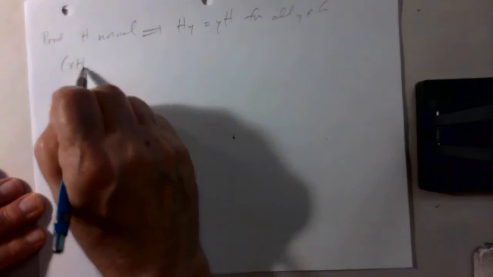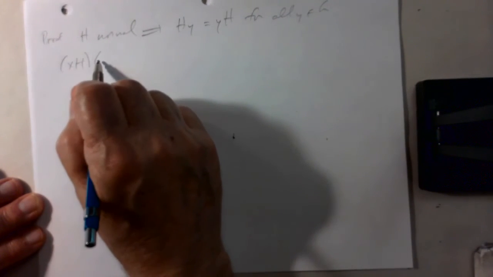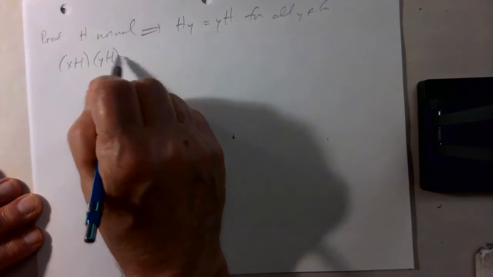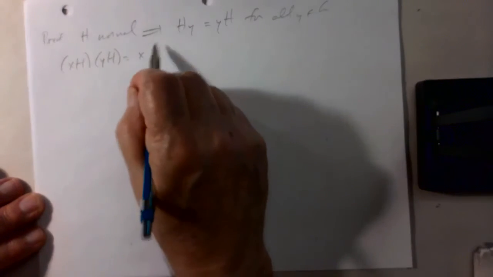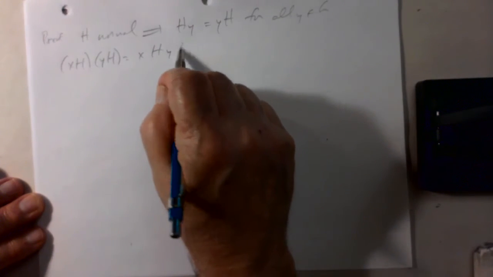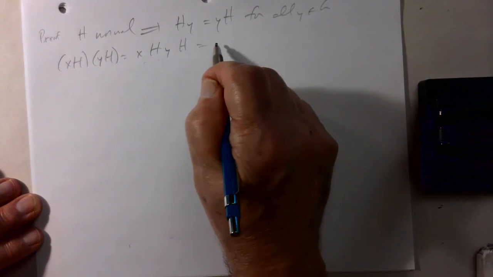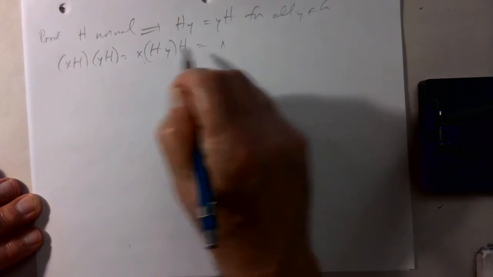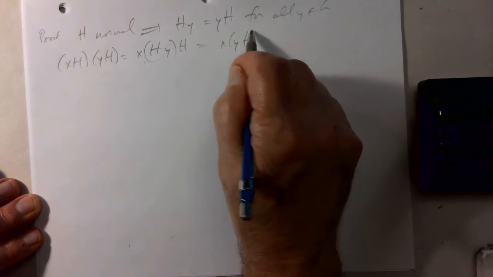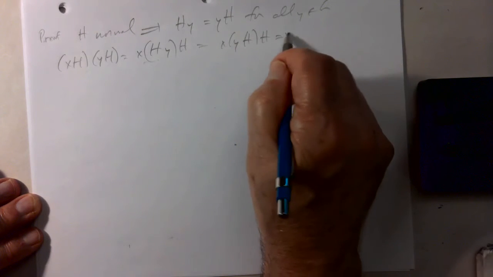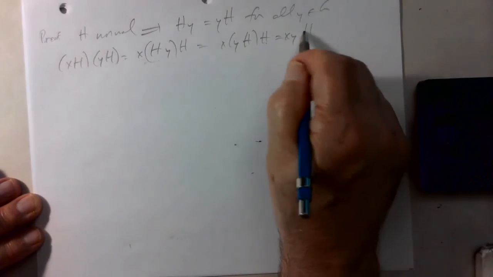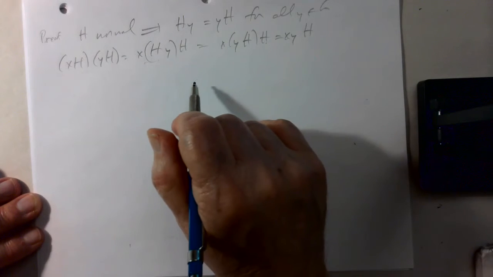So if I look at the product set XH times YH, that's the product of X times H times Y times H. But H times Y is Y times H. And H times H is H, because H is a subgroup.